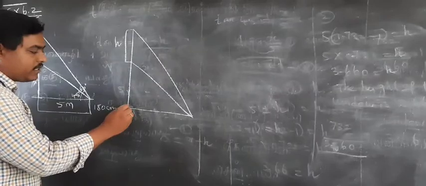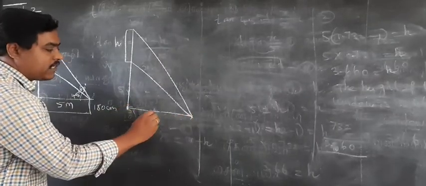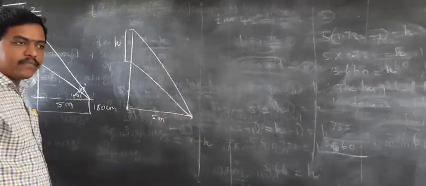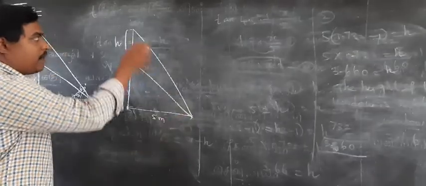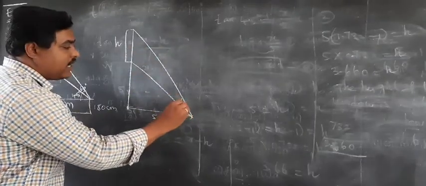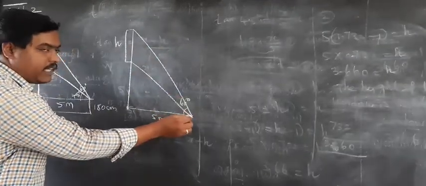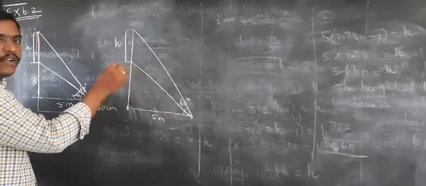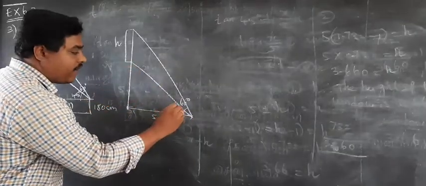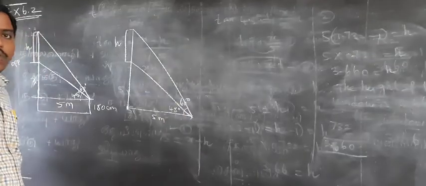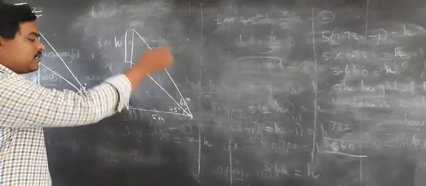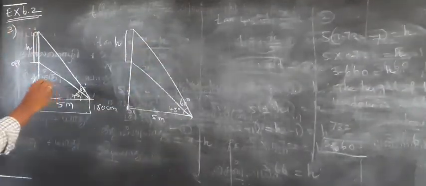And the distance from this building to here is 5 meters. The angle to the top of the window is 60 degrees, and the angle to the bottom of the window is 45 degrees, which is given in the question itself. So by using this data, we draw this diagram.